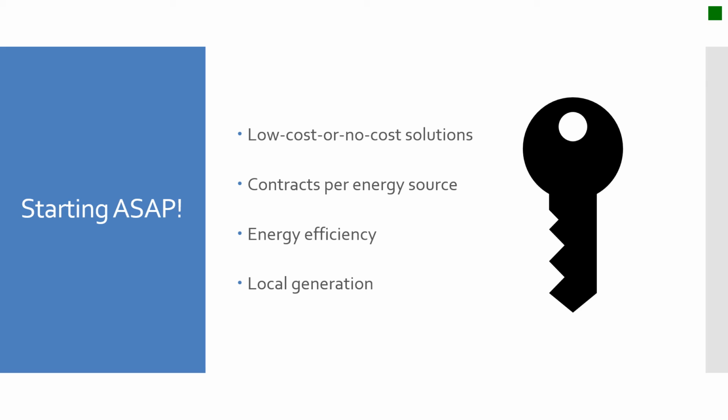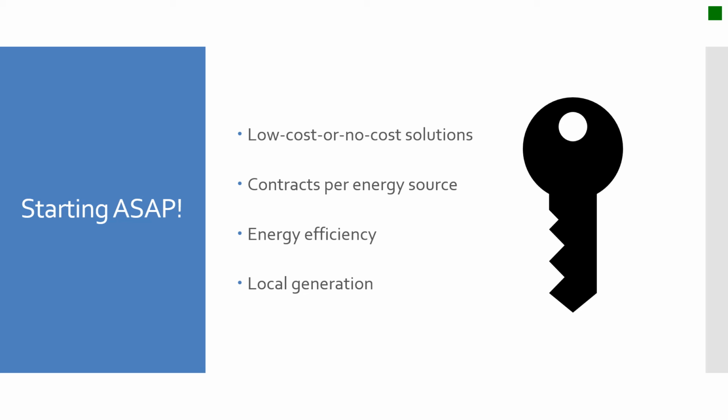Starting as soon as possible is a giant step. First, I would say we should approach low cost or no cost solutions because they are easier and quicker. The next step is checking the ongoing contracts, and I would say per specific energy source.